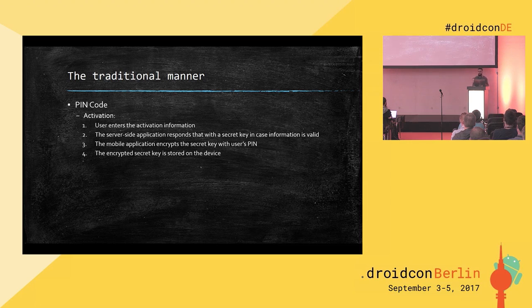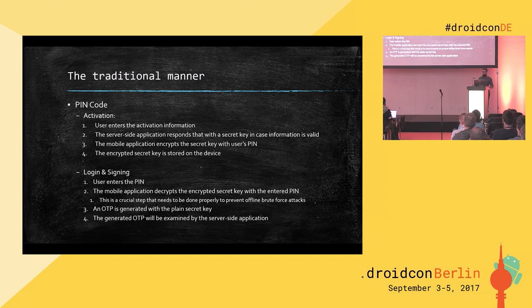In case of valid information, usually the server-side application returns a secret key, which will be used for generating the OTP. Once the mobile application receives the secret key, it encrypts it with a PIN code and stores it on the device. Usually in an Android application, the mobile application uses shared preferences in order to easily access data in the future.